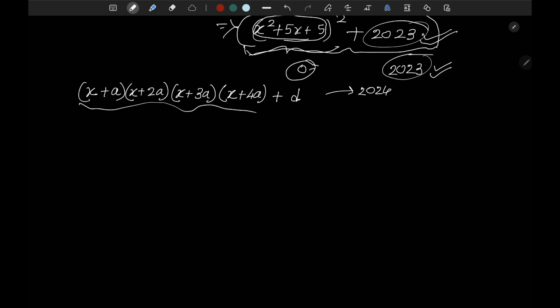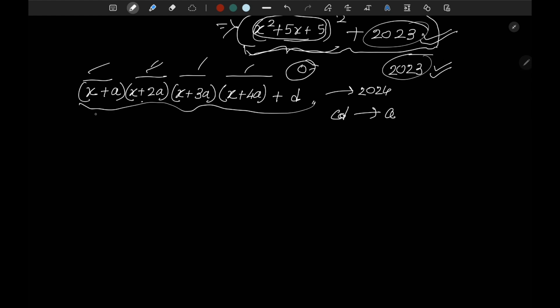So you will most probably be given a question in this form. Now notice that these terms are in AP, and the common difference is a. This minus this is a, this minus this is a, and this minus this is a.